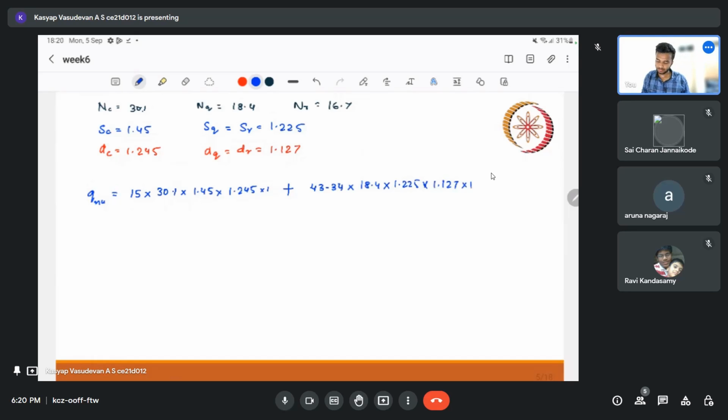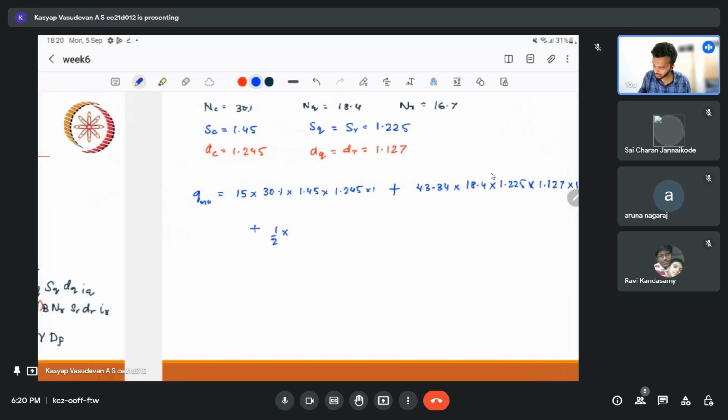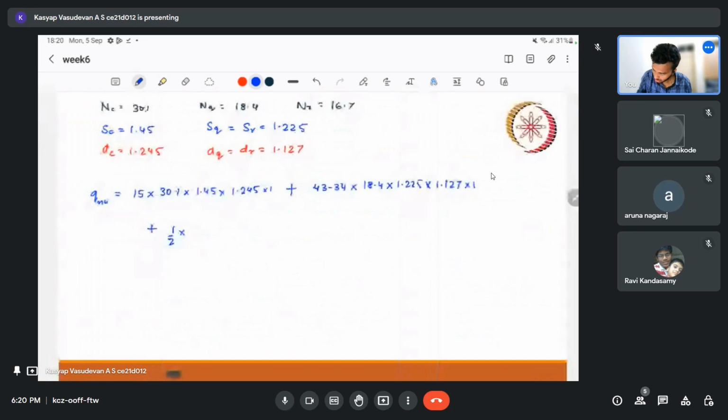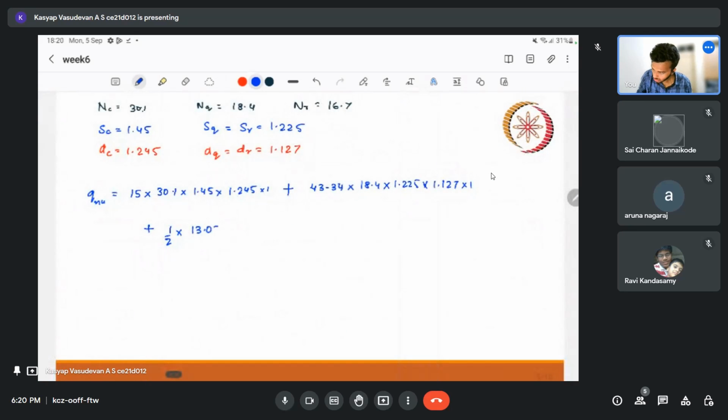Iq is 1. So the third term is half gamma B N gamma. So half gamma dash, our weighted average we have to take, that is 13.03. B is 3 meter. N gamma is 16.7, and S gamma is 1.225, D gamma is 1.127, I gamma is 1.